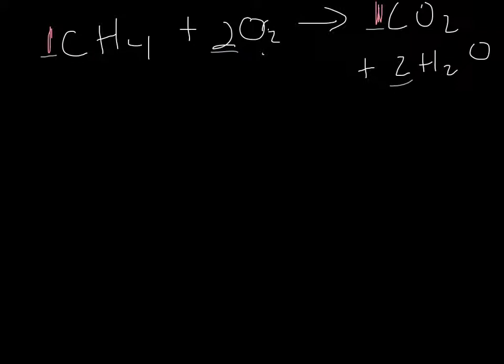Well, what if I told you you only had half a mole? How much CO2 and how much water will come out? Well, you can just divide everything by 2, right?